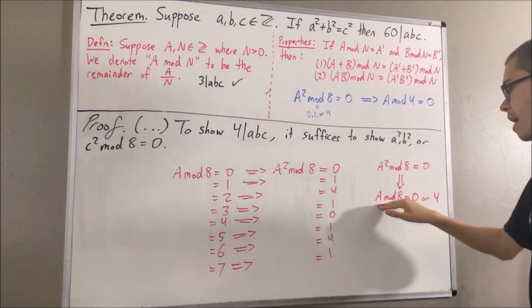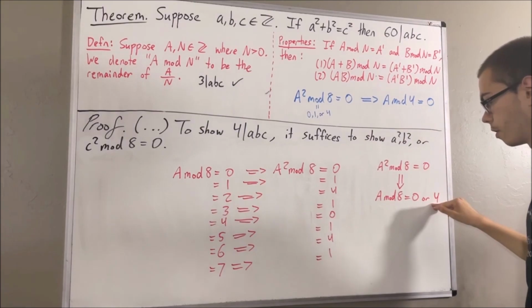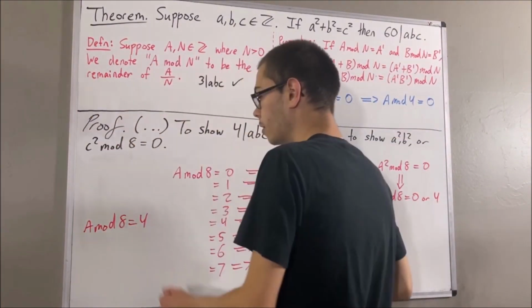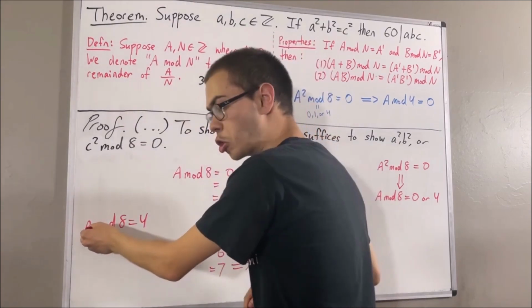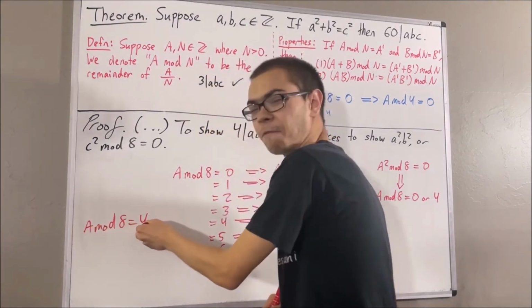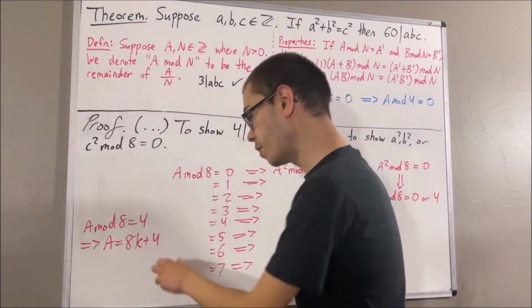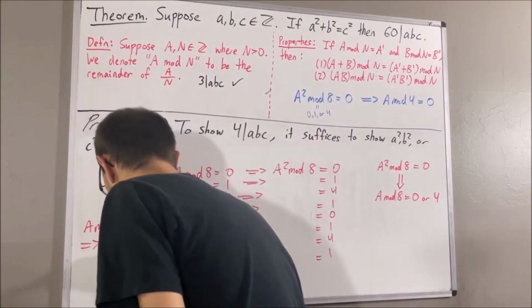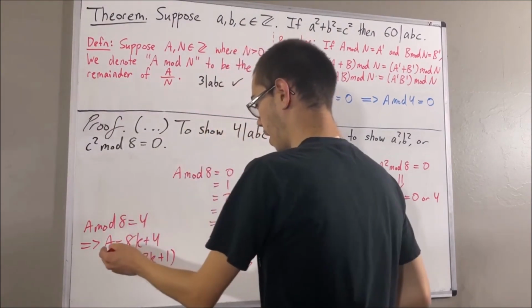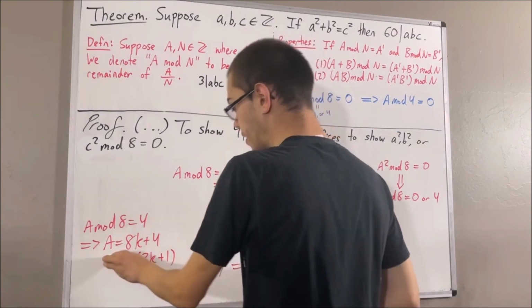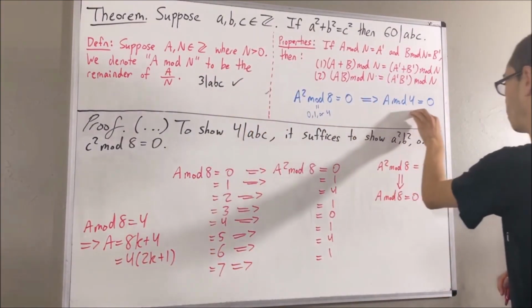What happens if a mod 8 is equal to 4? This means that a is an integer of the form 8k plus 4, for some integer k. But then we can factor out a 4, so a is equal to 4 times some integer, which tells us 4 divides a, and therefore a mod 4 is equal to 0.